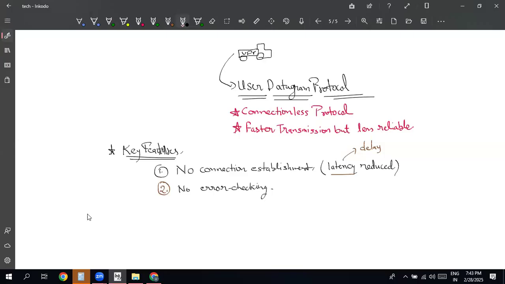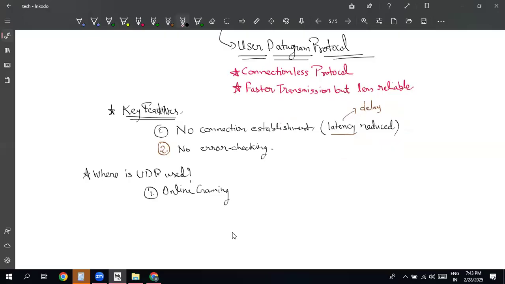The cases where UDP will be used, we can consider online gaming. Online gaming is one of the platforms where UDP protocols are introduced for fast gaming experiences.